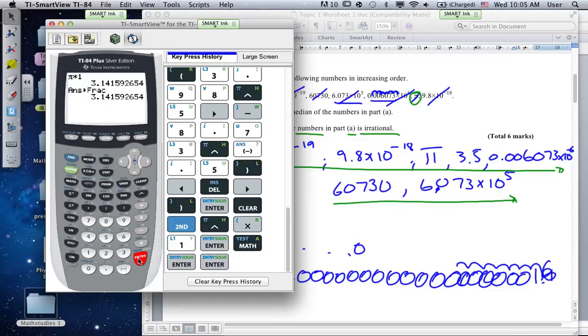You can always use that to check whether you've got a rational or an irrational number, by going through those steps of checking whether you can write it as a fraction or not. So the only irrational number there is pi.